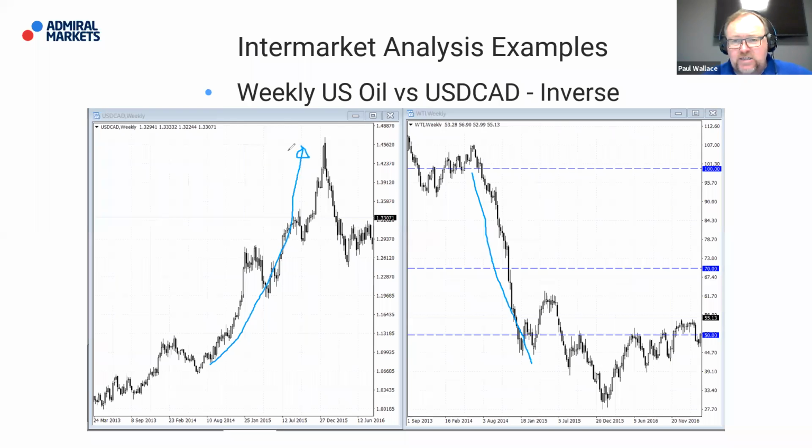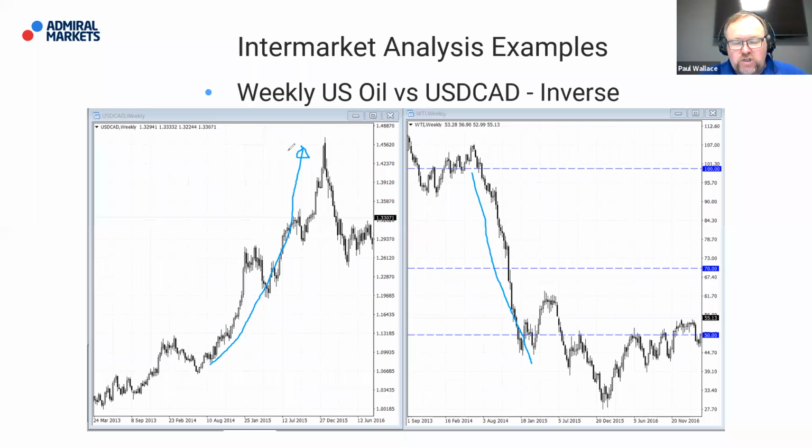Remember, up until a couple of years ago the US used to import a good deal of its oil. It's now self-sufficient. So the US dollar would have been very sensitive to moves in the oil price. But even still, there's that intermarket analysis: the correlation of the oil price dropping or rising has an impact on the Canadian dollar.